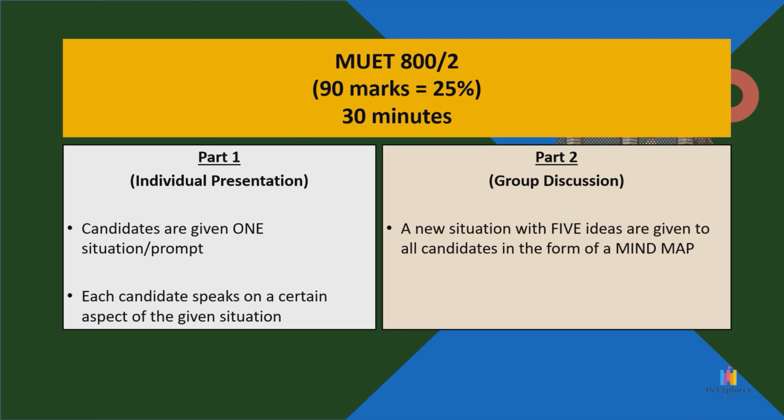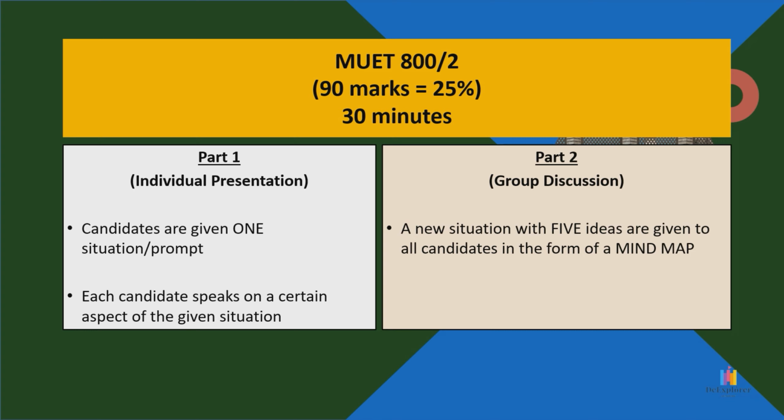In Part 1, all the 4 candidates in the group are given the same situation, but each candidate will receive a different suggestion, opinion, view, solution to the situation. Each candidate will be given 2 minutes to prepare their responses and 2 minutes to present.